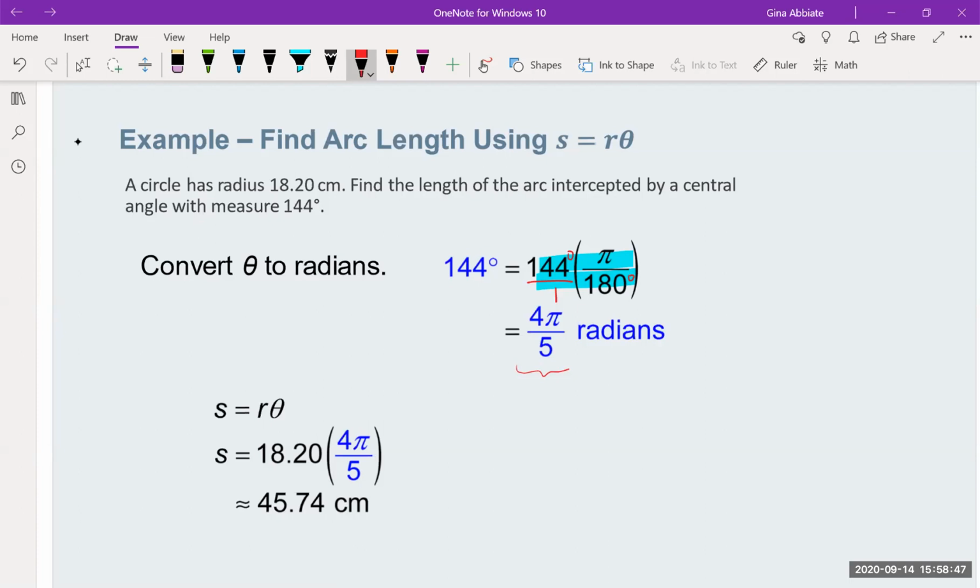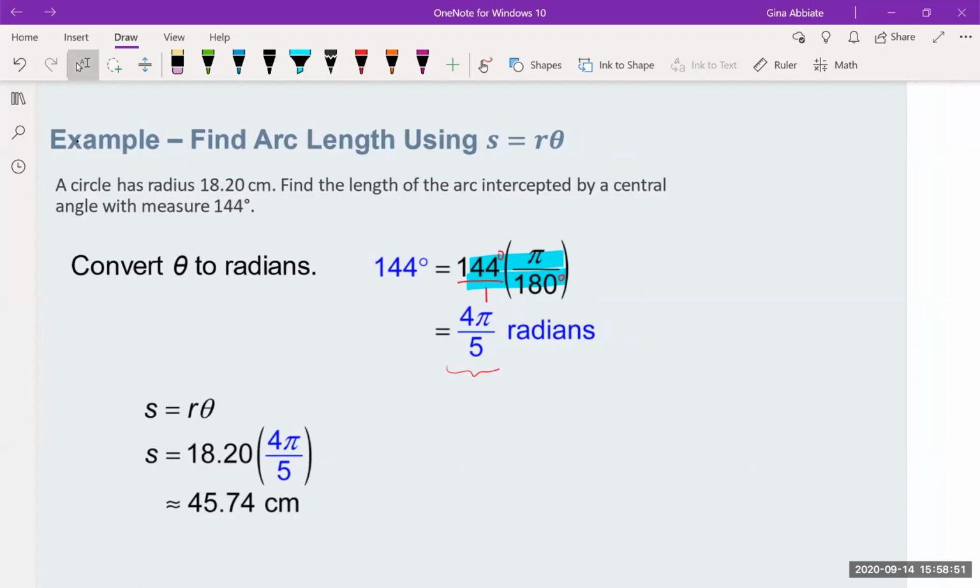Now, if you're using Desmos, a little tip is to not plug in the pi symbol. In the calculator, you'll type in 144 over 180. And then when you hit enter, it'll probably give you a decimal number, but there's a little fraction button on the left-hand side that you can hit.